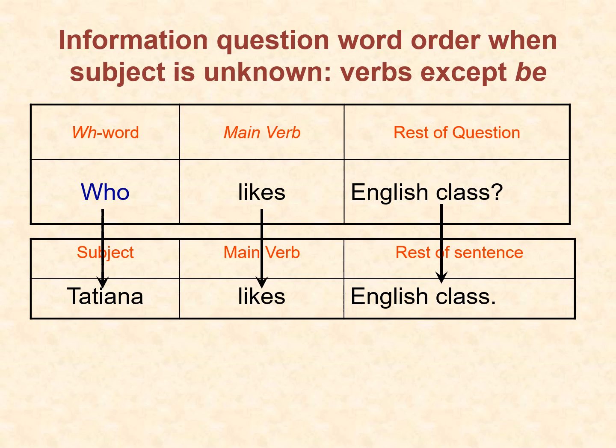So, in the sentence, Tatiana likes English class, or the answer to the question, we get subject Tatiana, verb likes, English class, rest of sentence. It does not change because the information that answers who goes in the position where the word who is in the question. So with questions of who and what, if the answer to the question goes in the position where the WH word is, then in the question we do not get do or does.